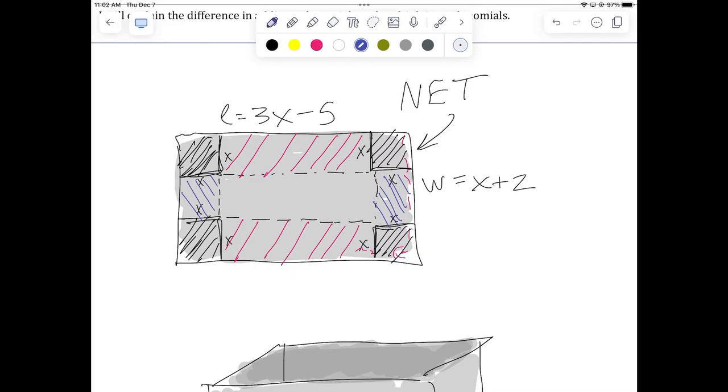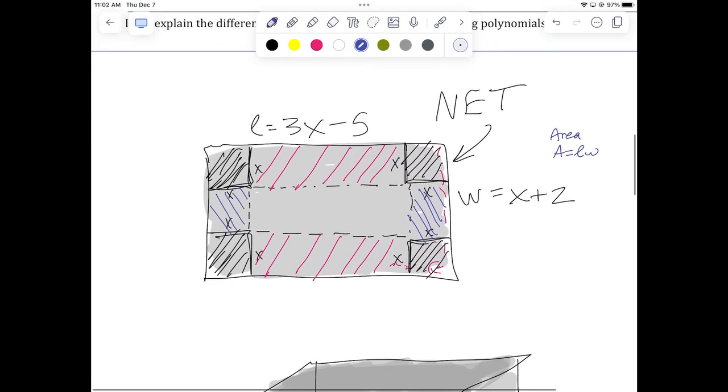What's the area of a rectangle? It's just length times width, isn't it? You just multiply the two dimensions. So if the entire thing was 3x minus 5, what should that be if I cut an x out from each side? If the entire thing all the way across is 3x minus 5, and I took an x out of each side, what should be left? x minus 5.